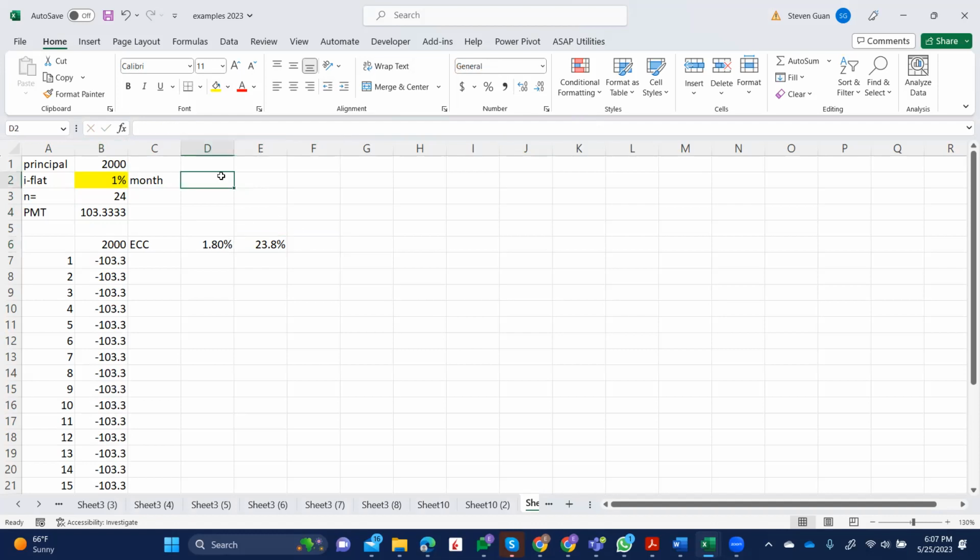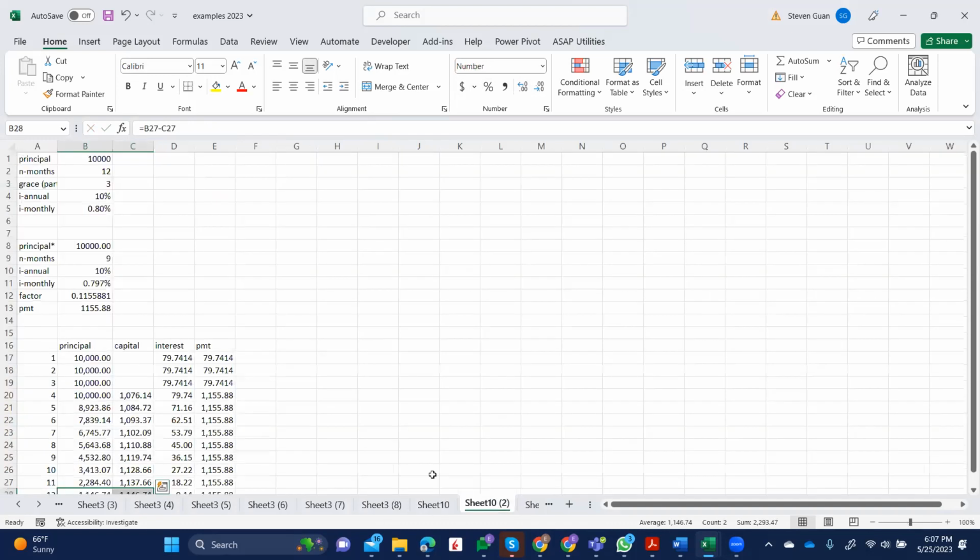If you don't really know what is happening here, what you believe is, oh, it's 1%, so times 12, I'm paying 12% per year, right? So this is the trick here. If you are charging me 1%, indeed I'm paying 12% per year? No, you're not paying 12%. You're paying 23% because of the way the payment is computed.